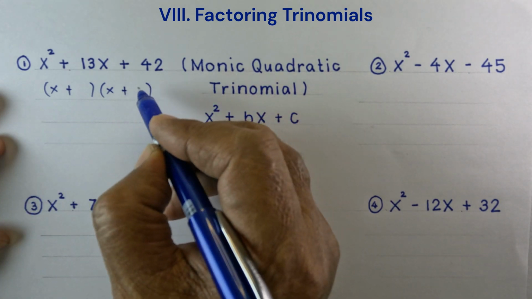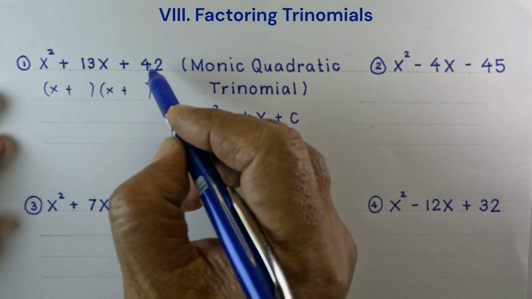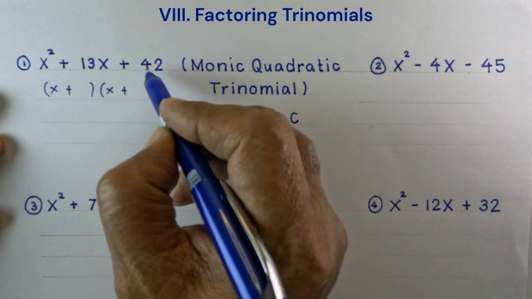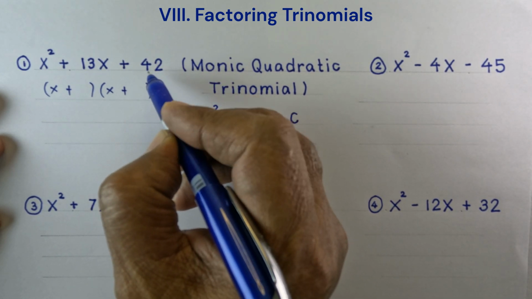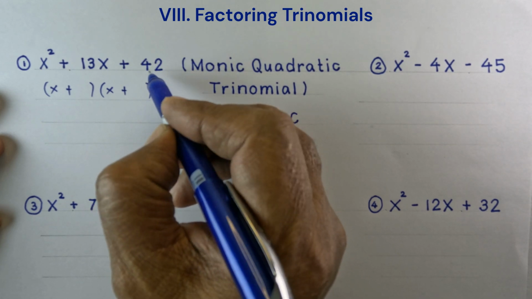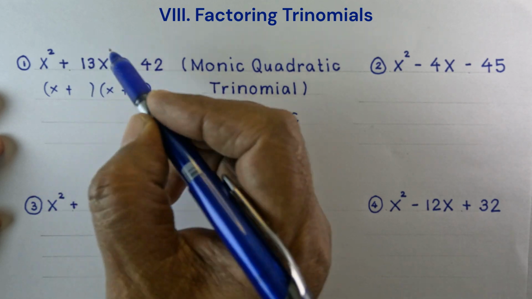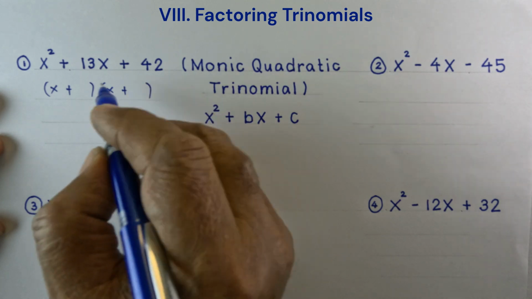So how about the numbers? We need to get the right factors of the constant term 42 such that their sum must be equal to the coefficient of the middle term. Now let's get the factors of 42.